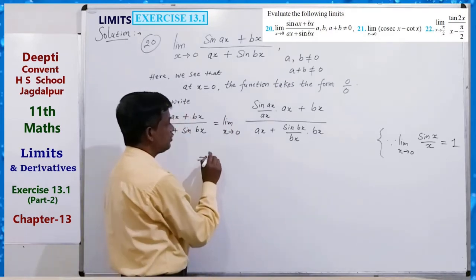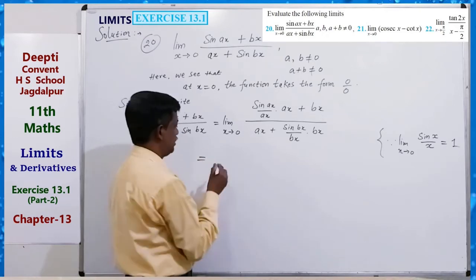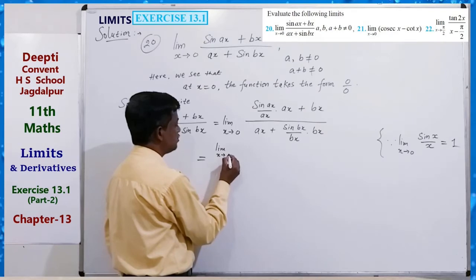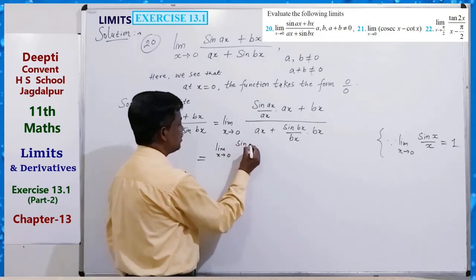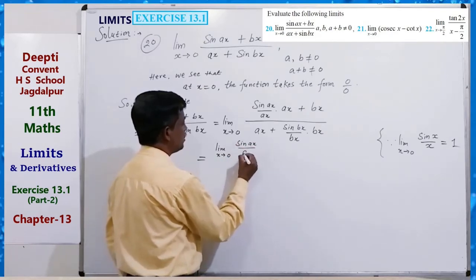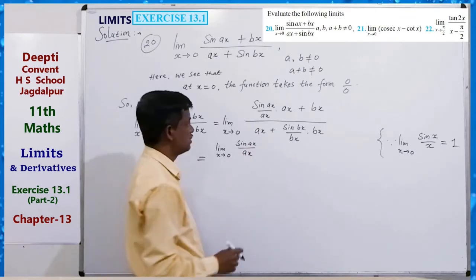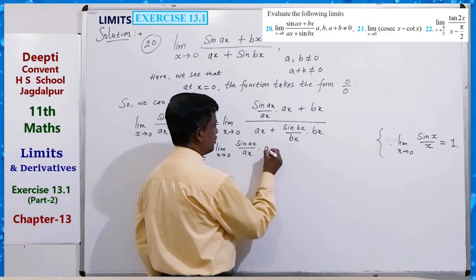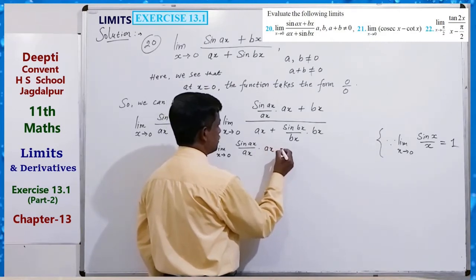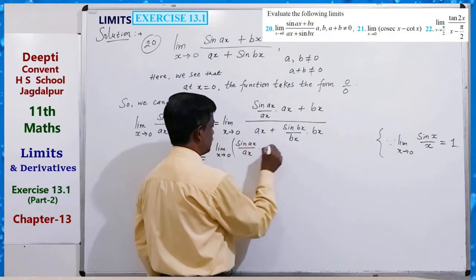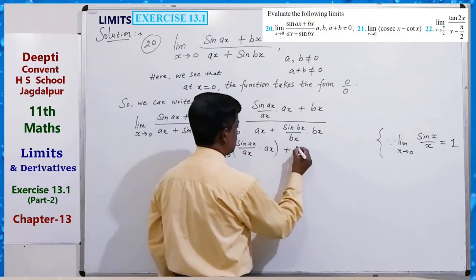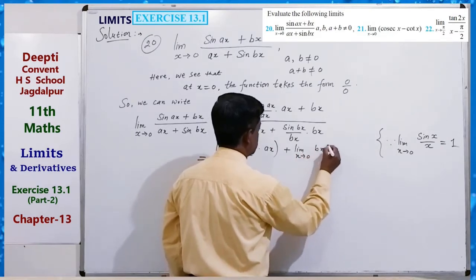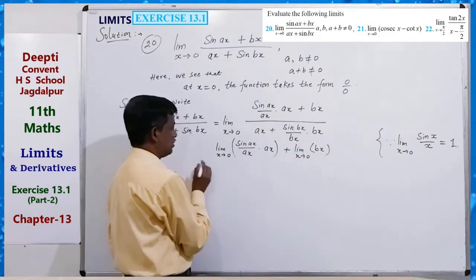So here we see that limit is distributed: limit x tending to 0 of sin ax by ax into ax, plus limit x tending to 0 of bx. This is the numerator.